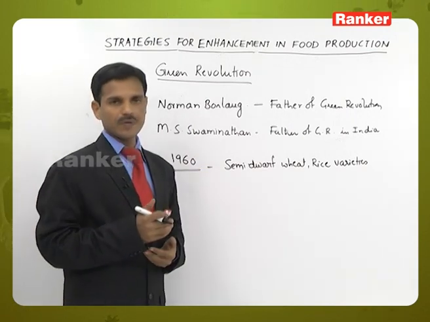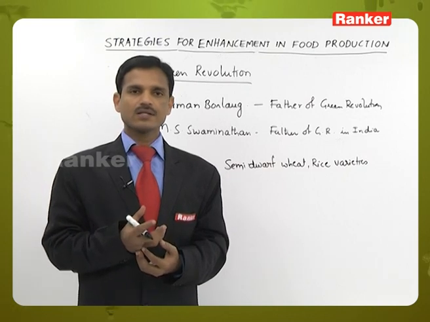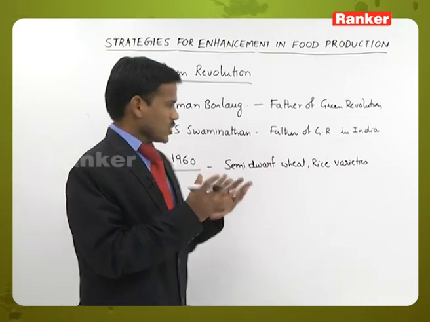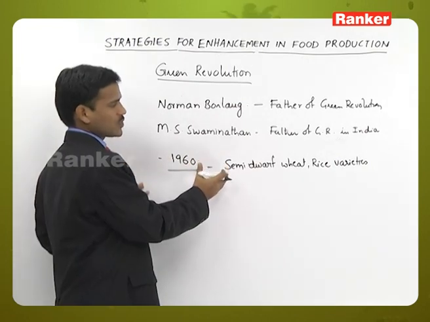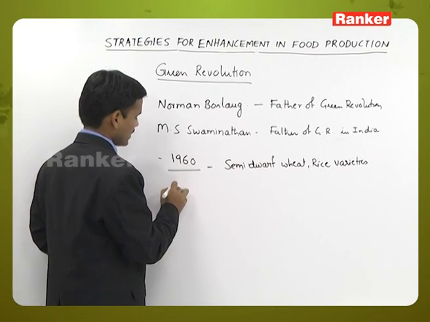Within a short period, the plants were producing a large quantity of food material. That is why it was possible to produce large quantities of food in a short period. So, this process is called the green revolution.